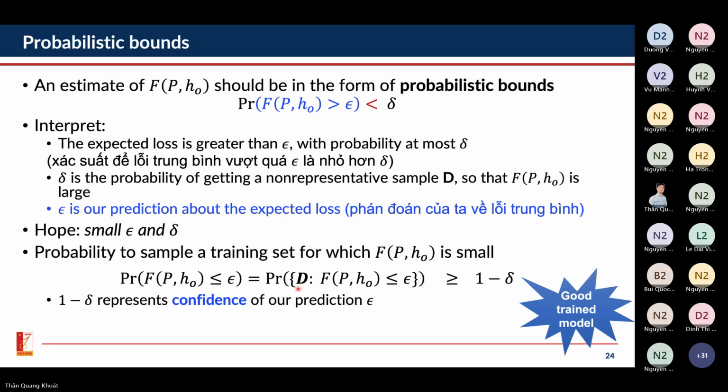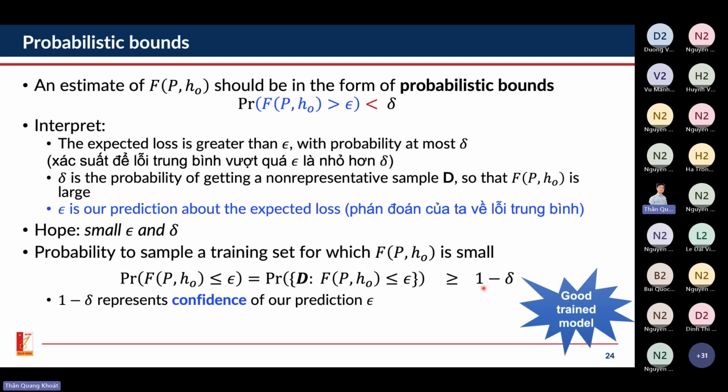Here we are representing the probability according to the sampling of the data set, of the training set, okay? So this is another way to represent that. And in order to say that S0 is good, or the test error is small, this probability should be at least 1 minus delta, right?